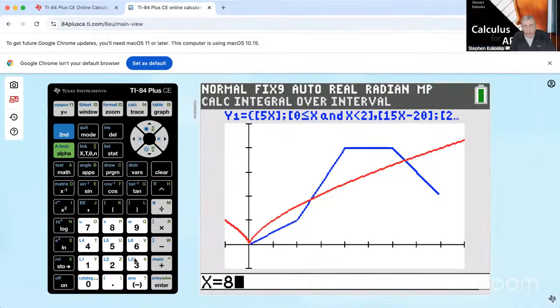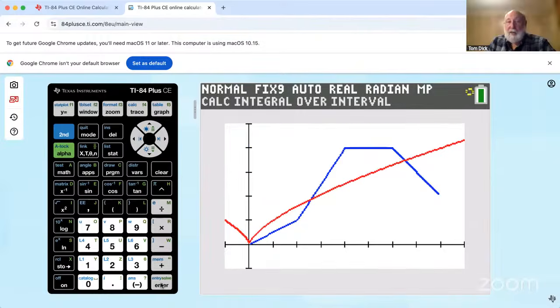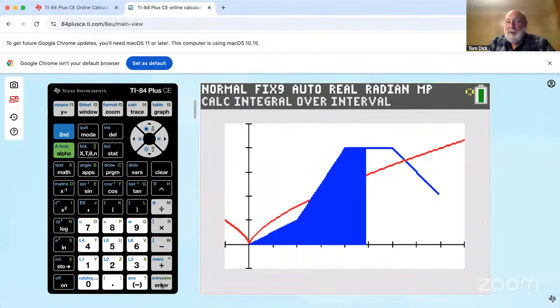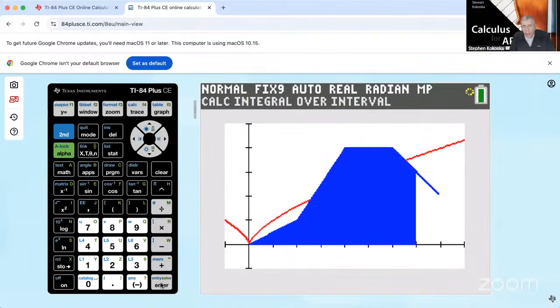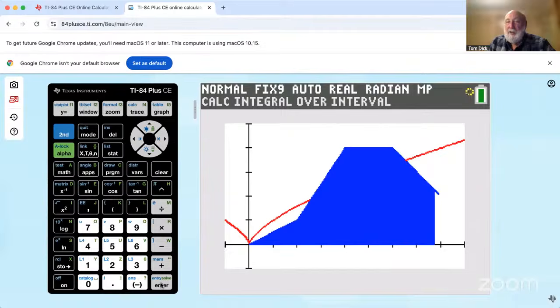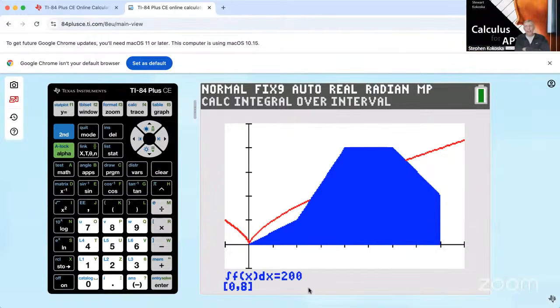This is for that piecewise linear. Shading it, that's kind of cool. And we should get a final result of exactly 200. How about that? So that means that car traveled 200 centimeters during that time interval.